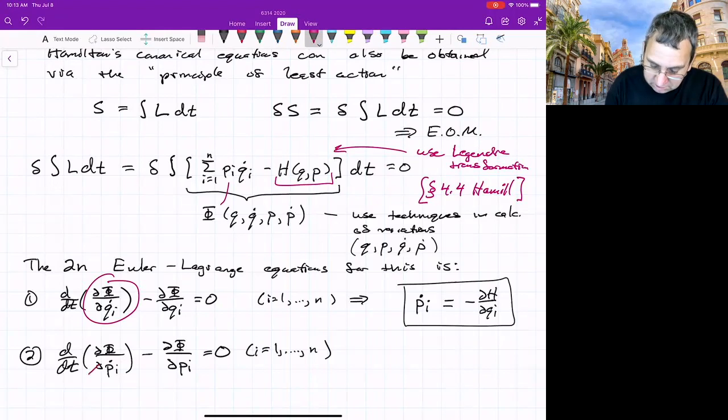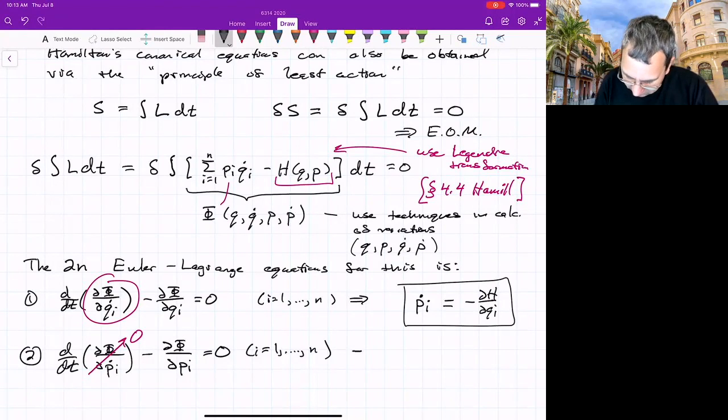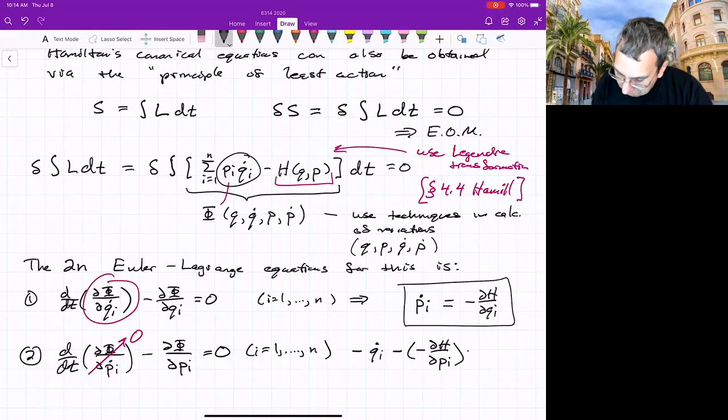So this just gives us, that's just 0. What about pi? So we'd have minus, it's like we pick out from this sum, we just get qi dot minus of minus partial h partial pi equals 0.